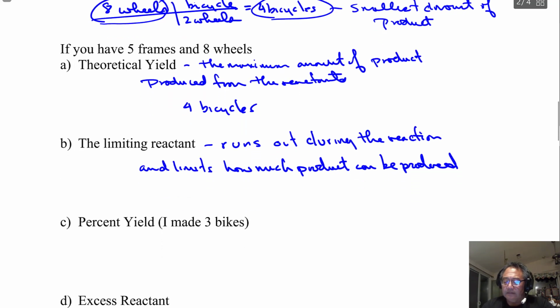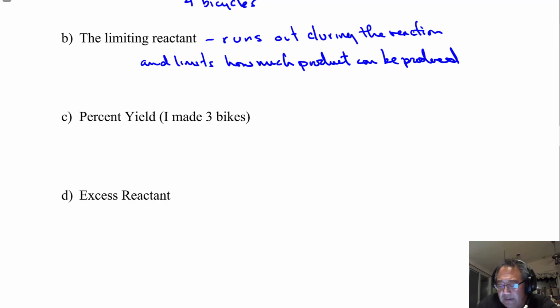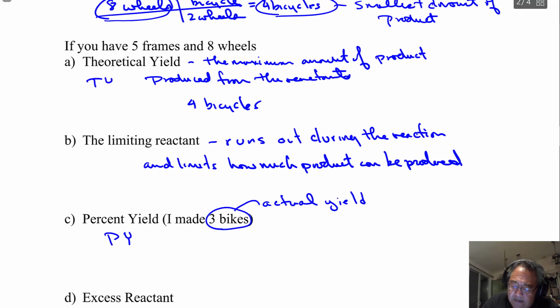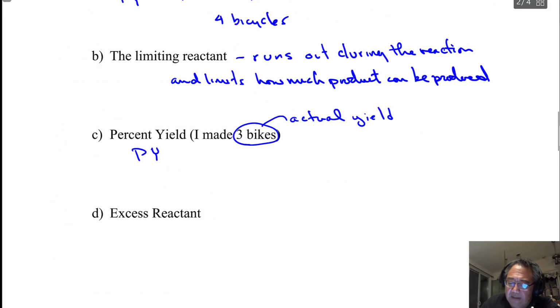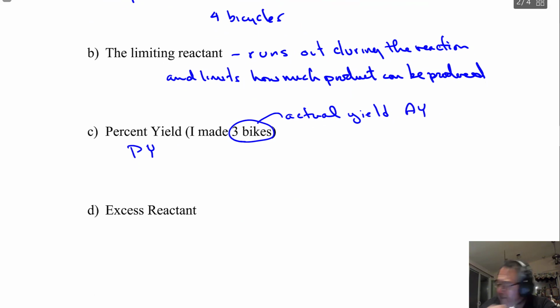Okay, so now there's also something called the percent yield. To do the percent yield, you need what's known as the actual yield. Actual yield is just how much you actually made. So to get the percent yield, I'll call this PY, this TY, and this is going to be AY, the actual yield.